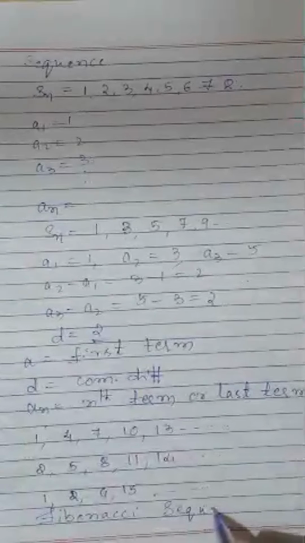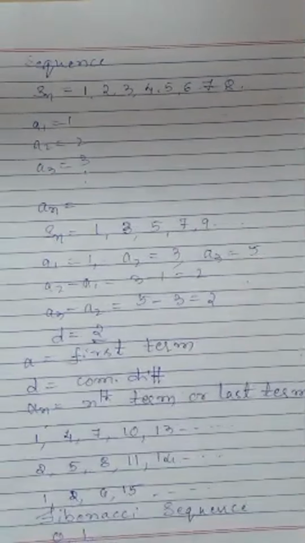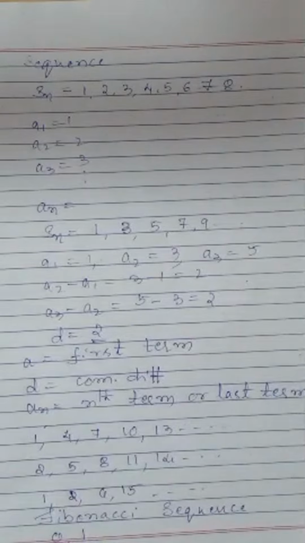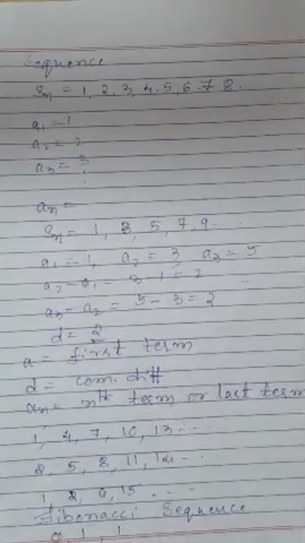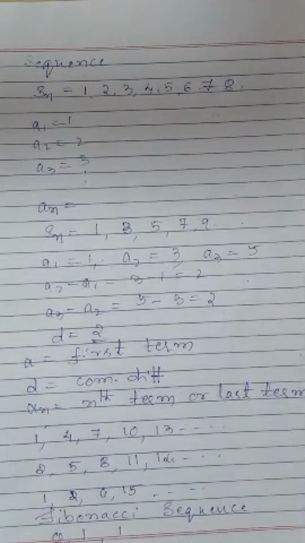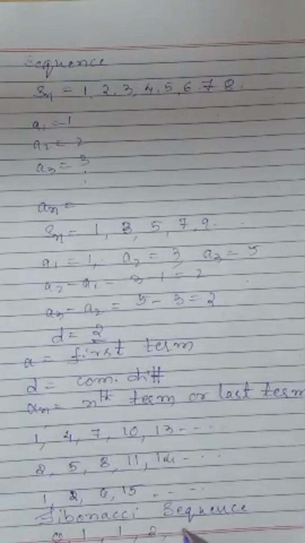And here a famous sequence is there, that's called the Fibonacci sequence. The way of writing it is very simple. Here you know the binary digits, zeros and ones. Here add the preceding term to the next term. 0 plus 1, what are we getting? 1. Here the previous term is 1. Add the next term 1. So 1 plus 1, we get 2. To this add the preceding term, 2 plus 1, 3.